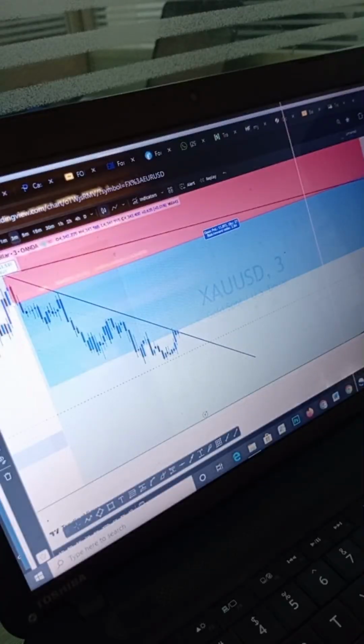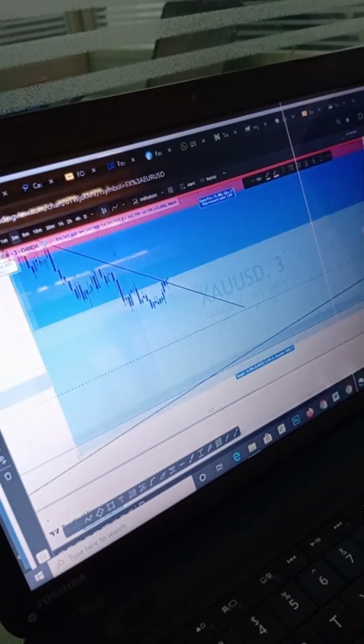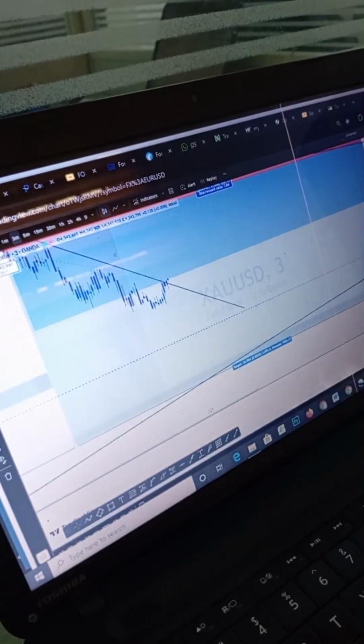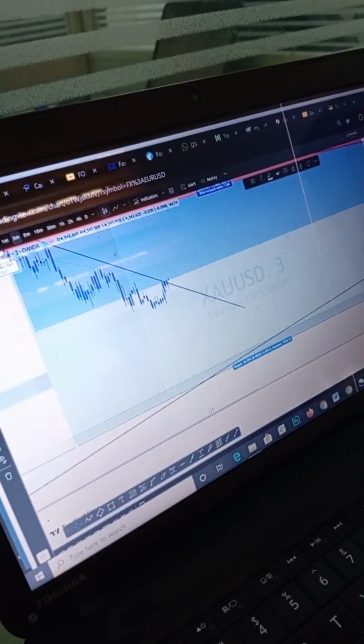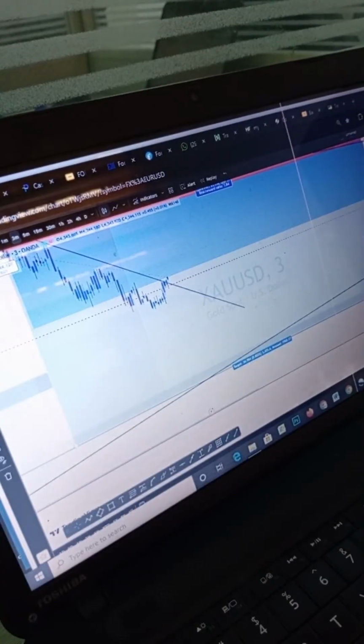So this is TP1 for those who can't hold much longer through to TP2, and for those who will be holding to TP2, we'll be having TP2 at 4322.